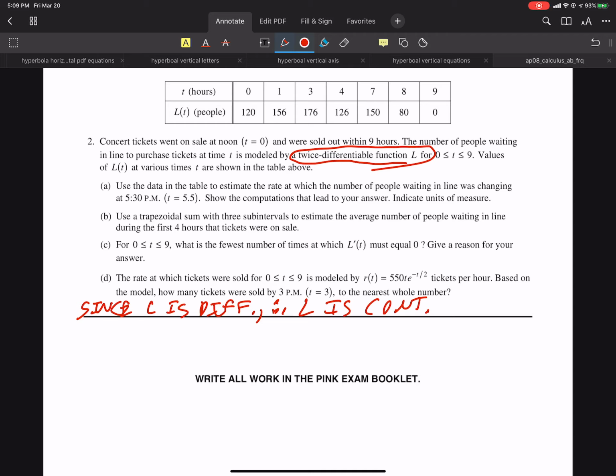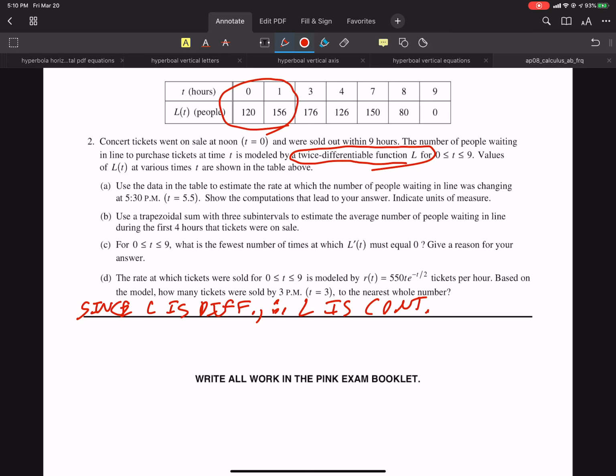So let's look at this. Because these two are true, we know that the derivative must equal the average rate of change between 2 points. Now, if you look between these 2 points, the number of people increase.